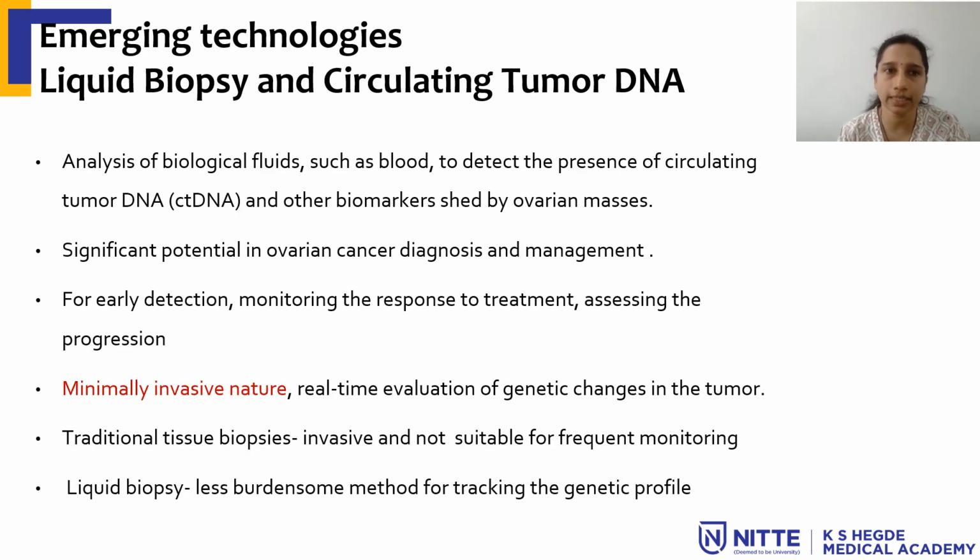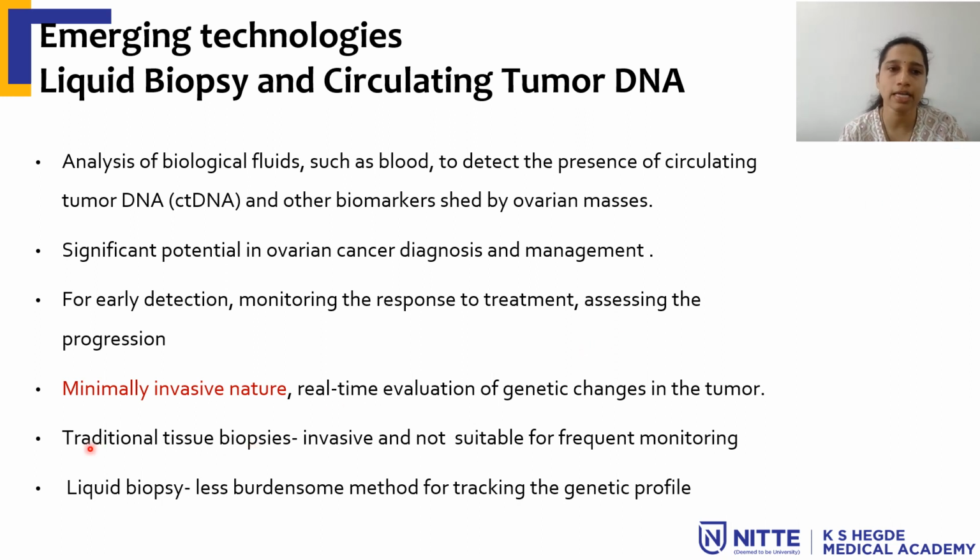So coming to emerging technology, which is liquid biopsy or circulating tumor DNA. This is analysis of biological fluid such as blood to detect presence of circulating DNA. It is a minimally invasive procedure which can be used for early detection of the cancer, monitoring of response to treatment, or assessing the progression of the disease.